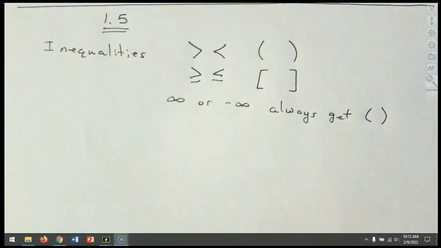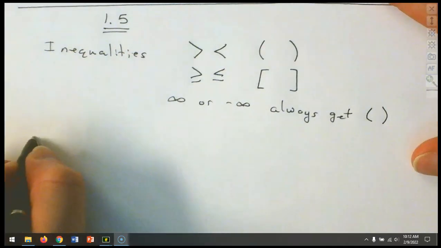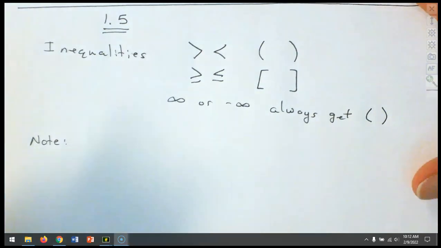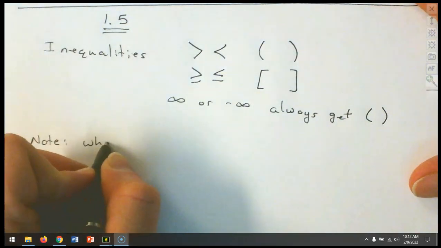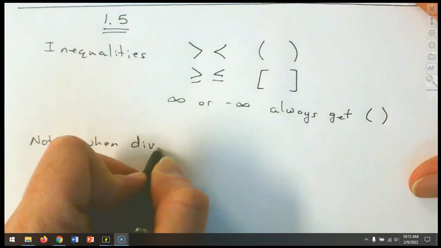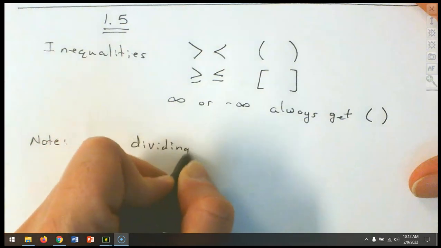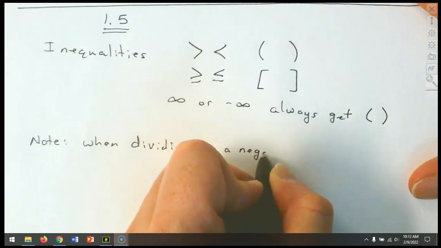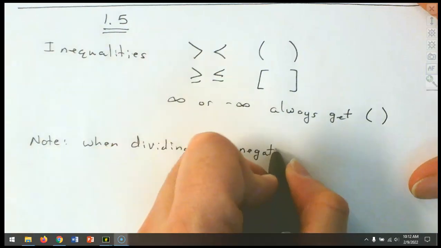Now, when we start solving these inequalities, one thing that we also need to remember is when you divide by a negative. So when we start solving, when you divide by a negative, does anyone remember what happens to the inequality sign?